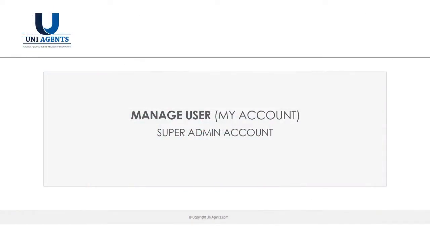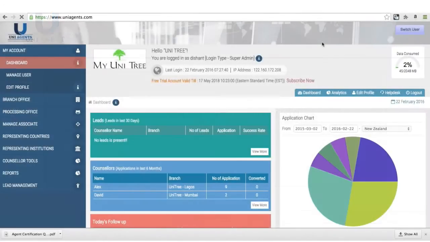The most awaited feature was managing the users, which means switching user from super admin to a branch office or to a counselor. I think it's a common problem that a lot of agencies we are serving right now have one person who is the administrator, the owner of the business, and is also the branch manager of the branch that he sits in.